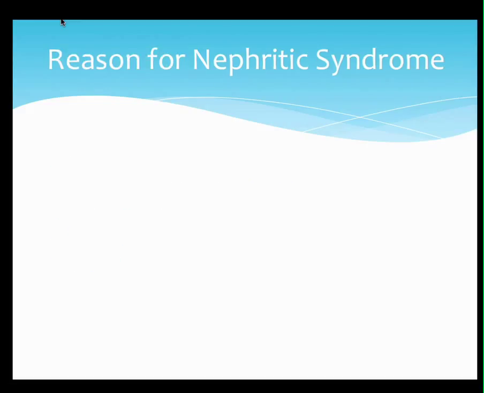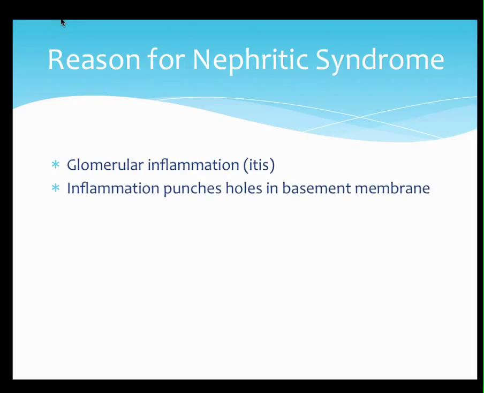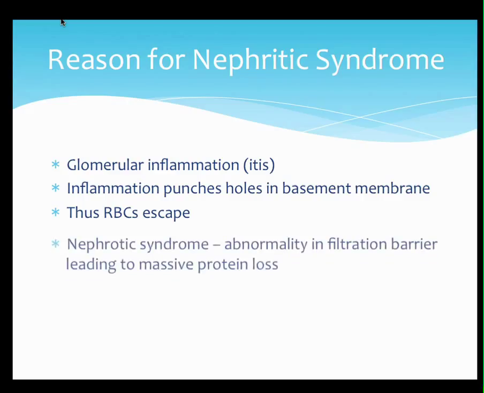So why do patients get nephritic syndrome? Well, they have glomerular inflammation with neutrophils and some mononuclear cells in their glomerular capillary lumens producing an inflammatory process. Therefore, this is an itis, meaning that there is an inflammation going on. The inflammation actually punches holes in the glomerular basement membrane, which allows red blood cells to escape through these holes into the urine.